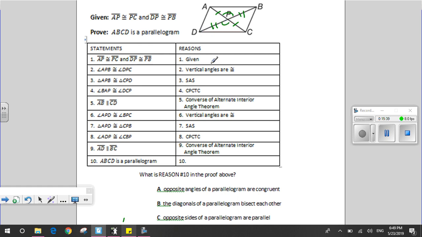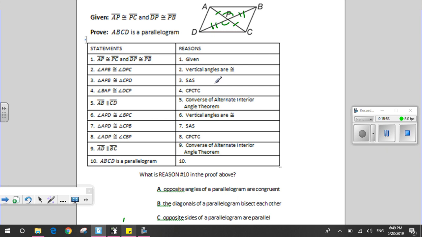And it says because vertical angles are congruent, which is true. That way, we have triangle APB congruent to triangle CPD because of side angle side.